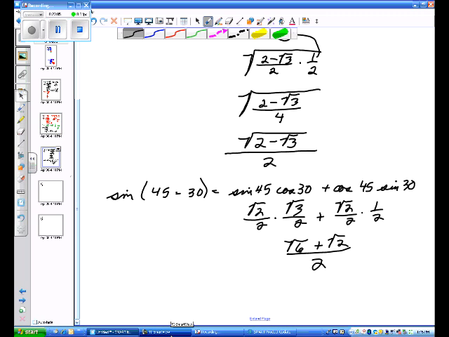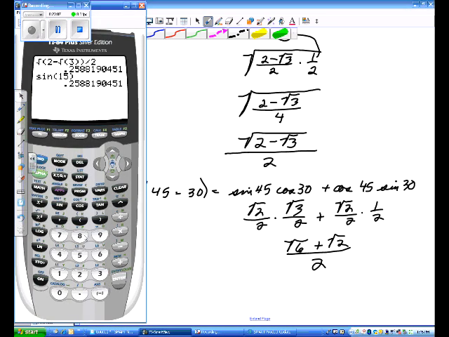If we went back to our calculator again, and we did, okay, the numerator, and then had the square root of 6 plus the square root of 2, close the numerator, divided by 2. Whoops. Okay, I didn't do something right. So let me just go through and check this.